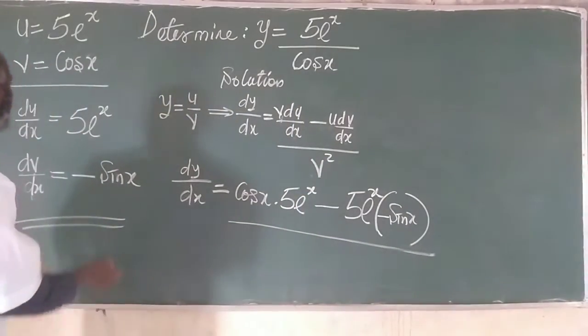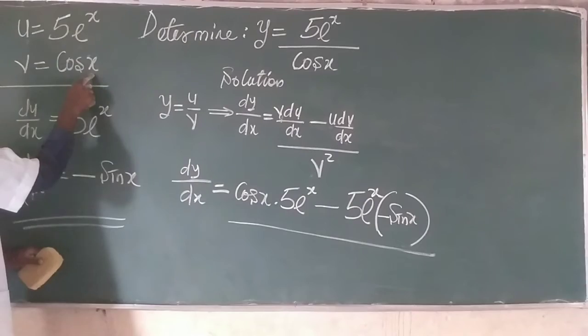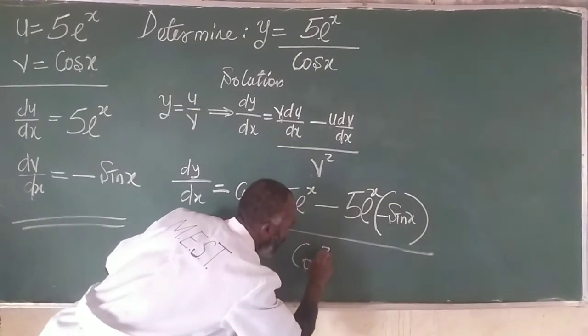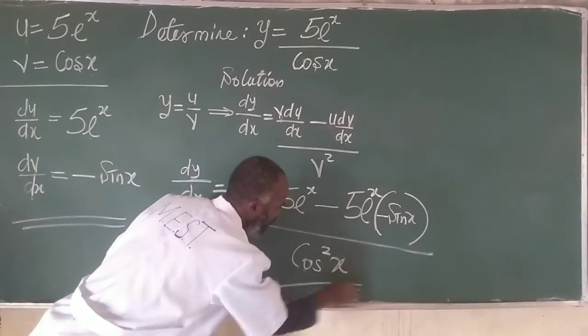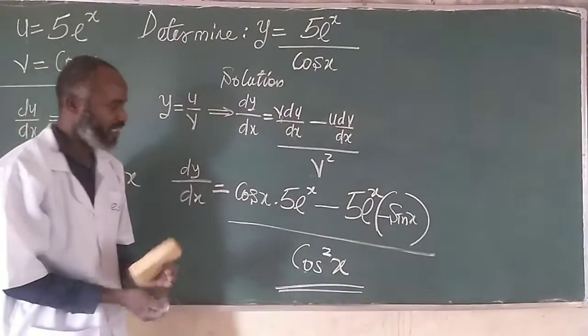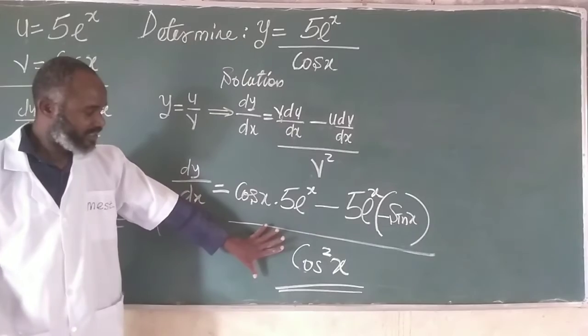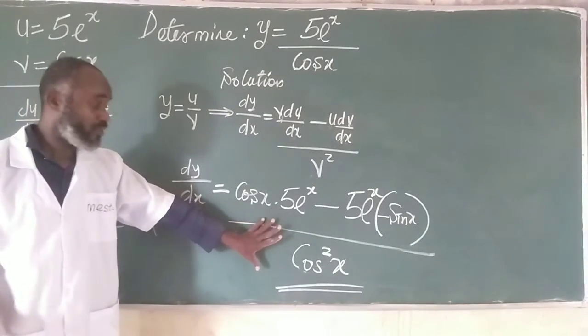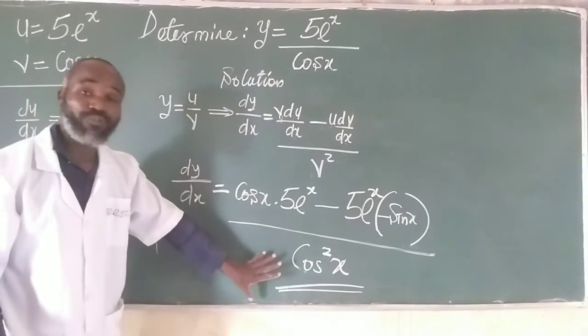Our v is cos x, so cos squared x. That is it. Look at it very well. We can still stop here, no problem at all, because we have simplified to this point.